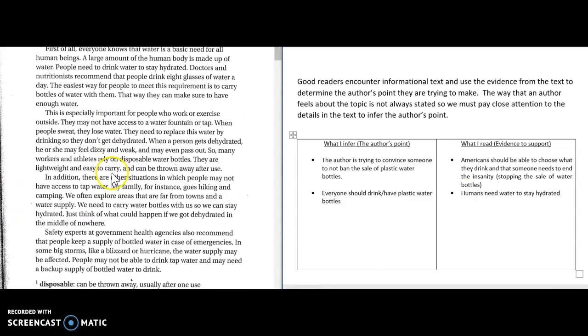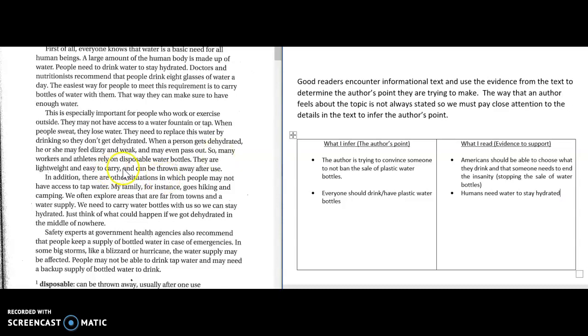Let's continue. This is especially important for people who work or exercise outside. They may not have access to a water fountain or tap. When people sweat, they lose water. They need to replace this water by drinking so they don't get dehydrated. When a person gets dehydrated, he or she may feel dizzy and weak and may even pass out. So many workers and athletes rely on disposable water bottles.